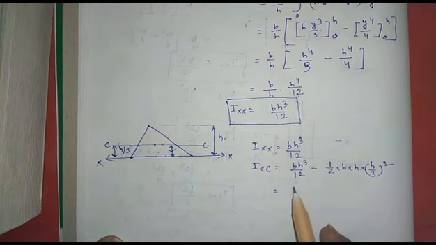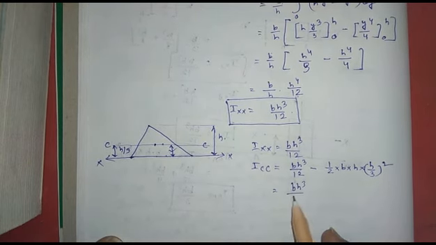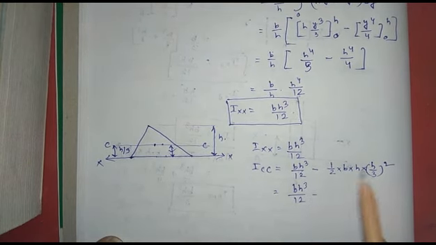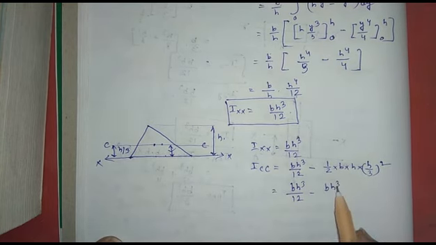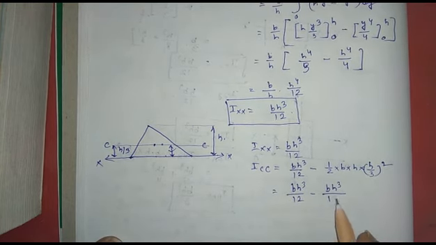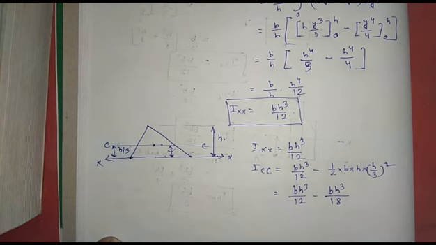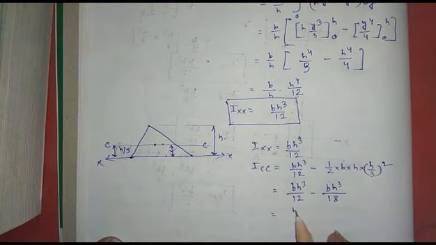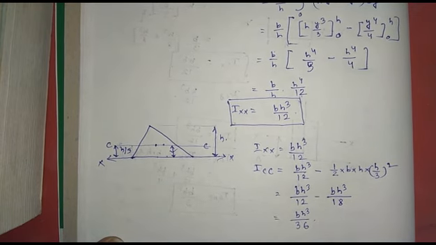So that is bh cube by 12 minus bh cube by 18. If you do this, you will get bh cube by 36.